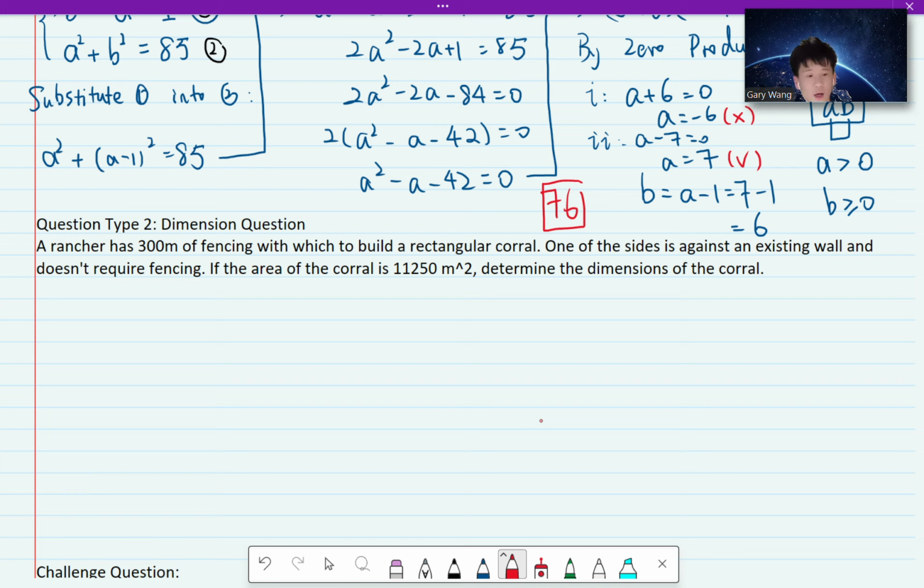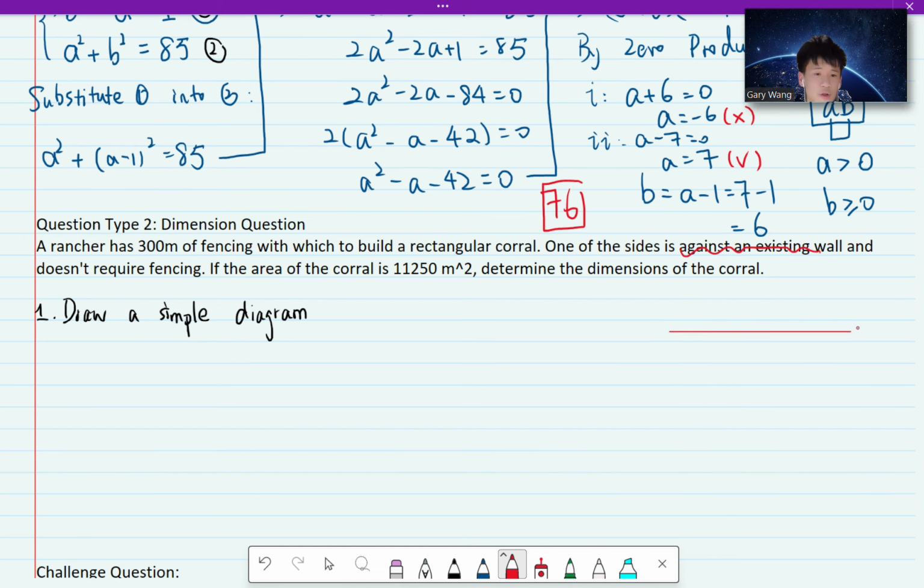So, our first intuitive instinct on this question should be to draw a simple diagram based on the descriptions in the question. So let's start off by drawing a simple diagram. What would the diagram be? We know that we have an existing wall somewhere.